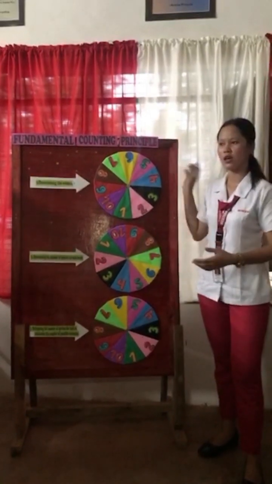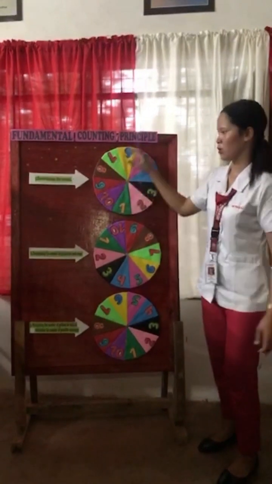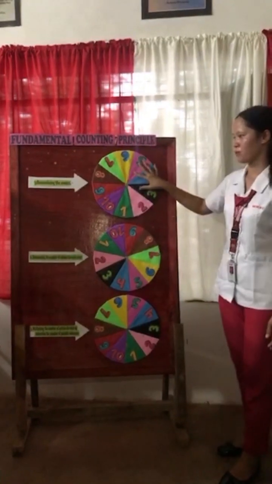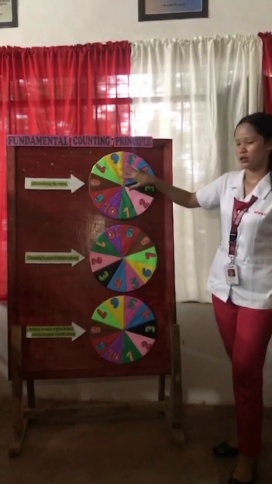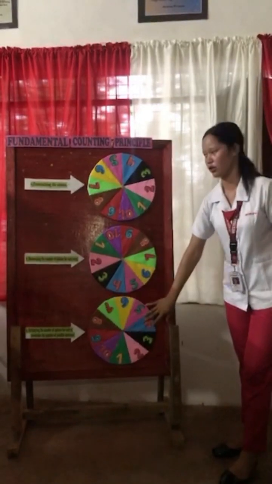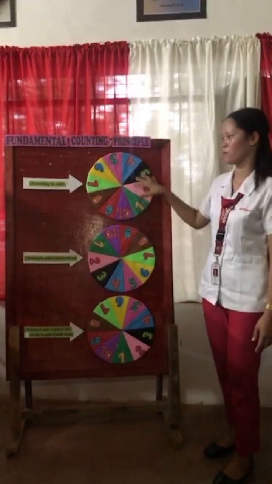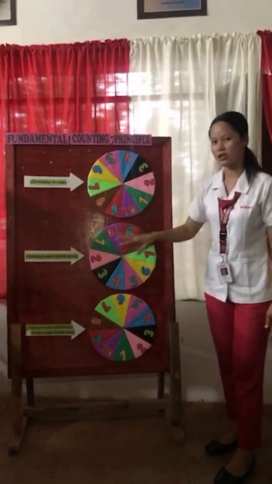The last step, we multiply the number of options for each event to determine the number of possible outcomes. So for main dishes, drinks, and the dessert, we will multiply the three options.